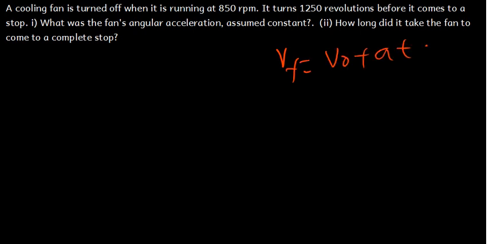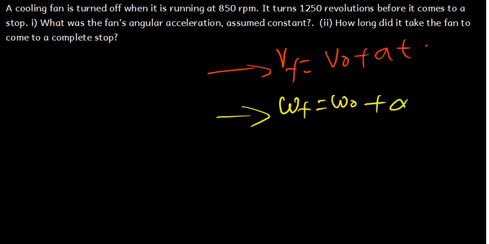This is translational motion. For rotational motion, the equivalent of linear velocity is the angular velocity. So angular velocity final is equal to angular velocity initial plus angular acceleration times time.